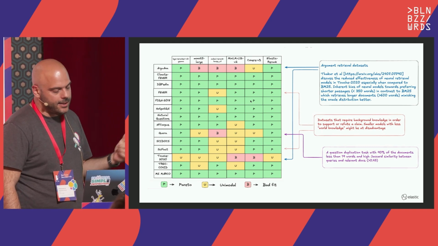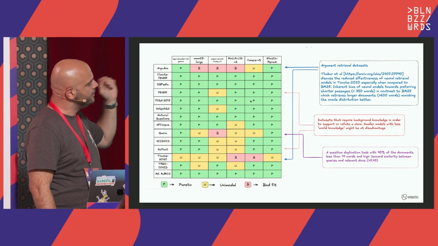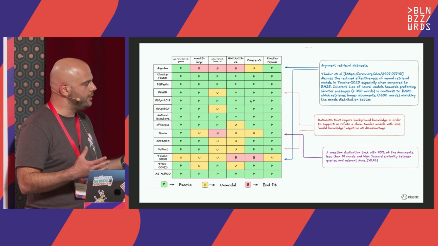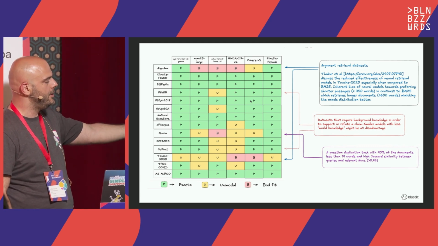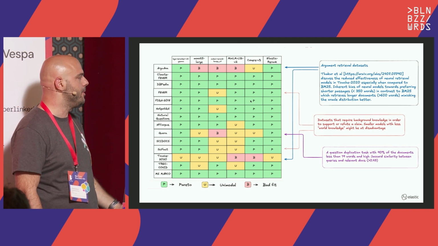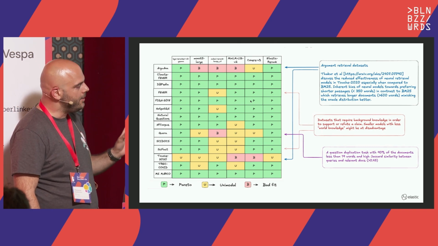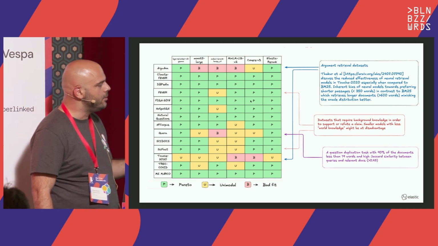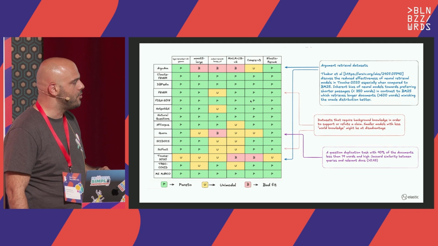And finally, there's another interesting case, Quora, which is a duplicate question task. So you provide a question as an input, and you expect to get duplicate questions in the response from the corpus. 90% of the documents are less than 90 words, so the documents are quite short.